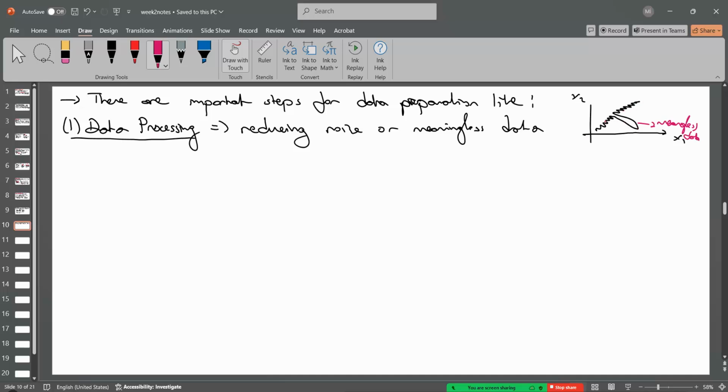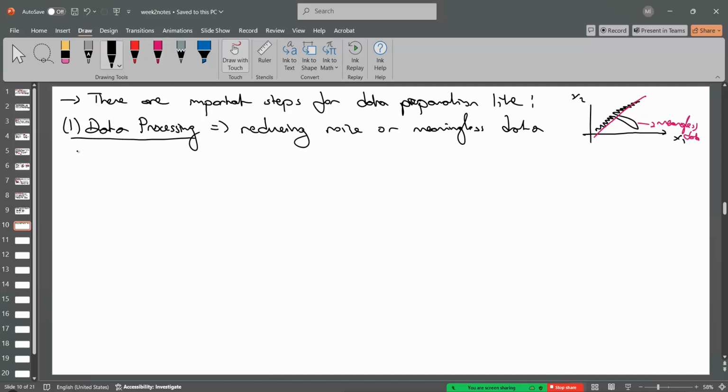Also, we have noise that breaks the robustness of our algorithm training. We can model this algorithm like this, but we need to apply data processing or some filters on this data set to stabilize our learning algorithms.